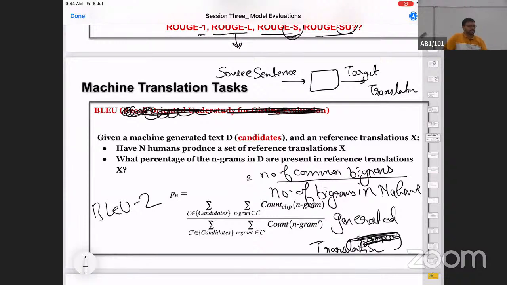The proportion of the correct positives among all the predicted positives. Same thing here: the proportion of the correct bigrams among all the generated bigrams. So BLEU is a precision based metric.